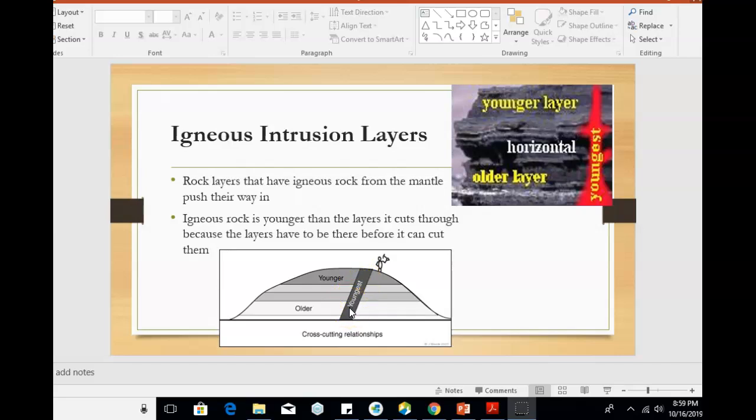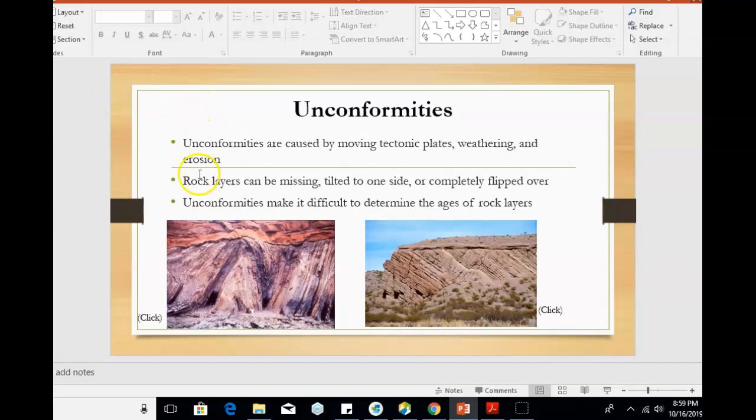We looked at that multiple times, and you guys have pretty much shown a mastery of that. But keep in mind, an intrusion is simply another word for an unconformity. So anytime you see folding or earthquake or fault line, they can move very old rock down or very new rock up, which would break the law of superposition.